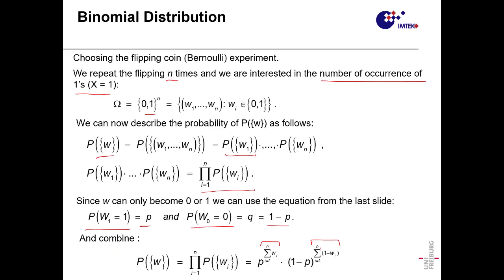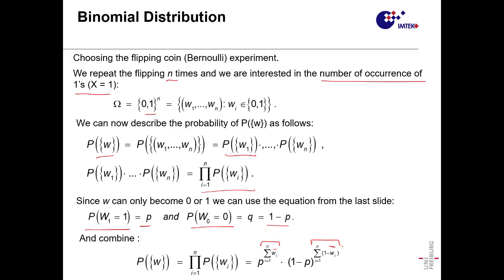So it's just the summation from 1 to n of the probability of getting a 0 or a 1, and if it was 1 here, a 0 here. If it was 0 here, a 1 here.